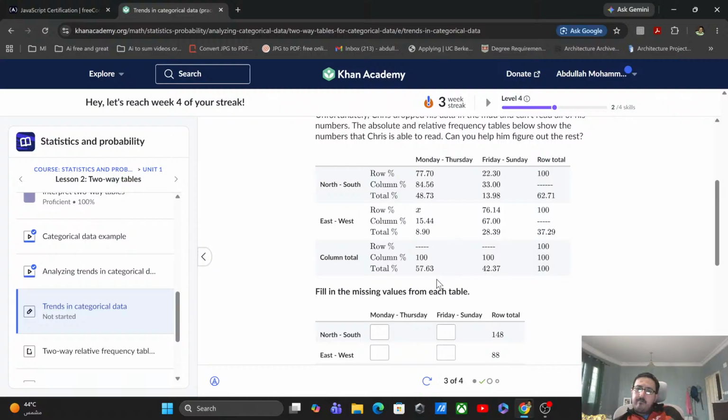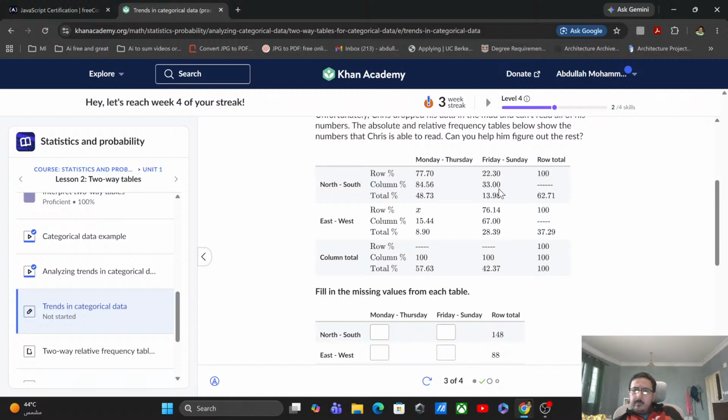So I got X here. What else? So I got this, and I got this X. Here is one thing missing: 48, 84.56, and 33.